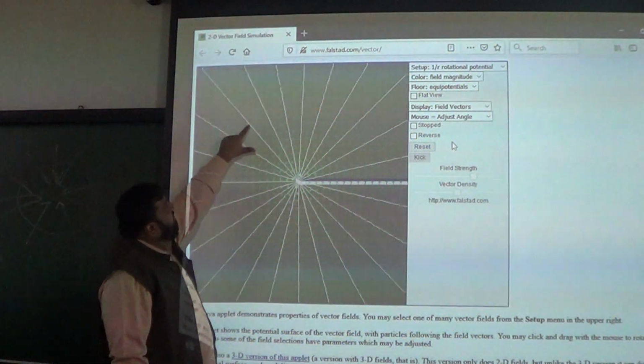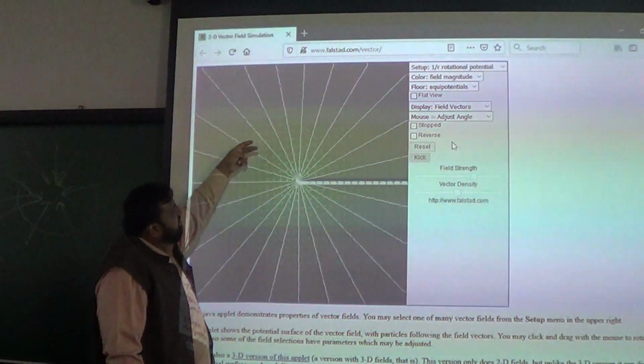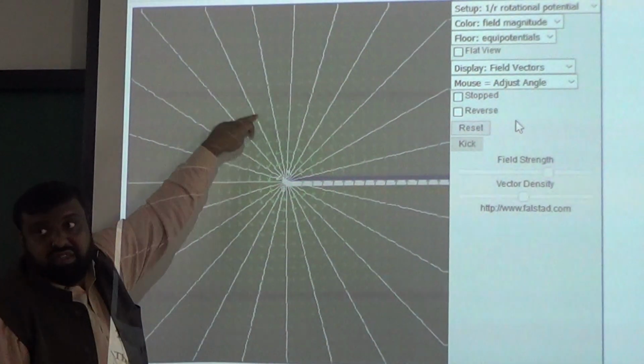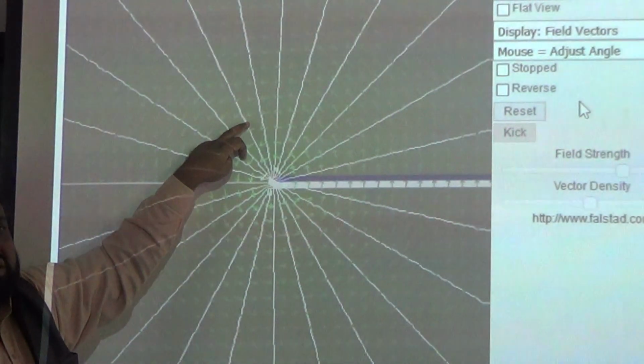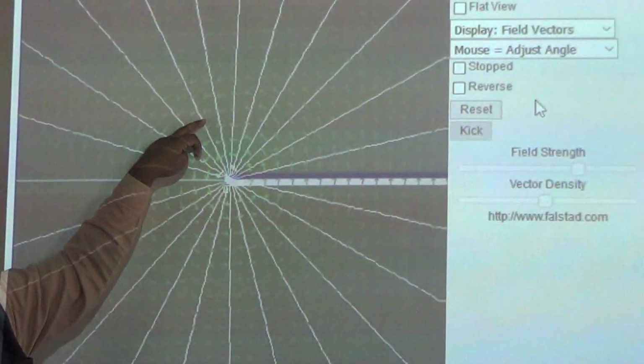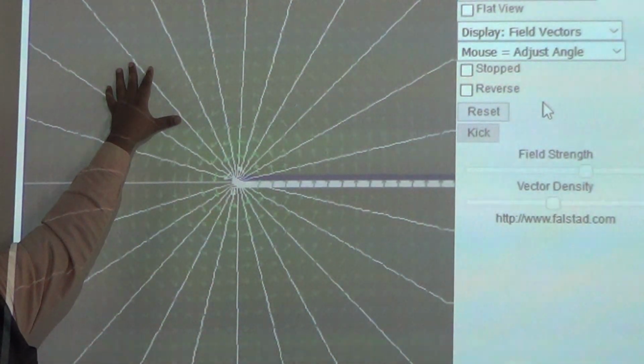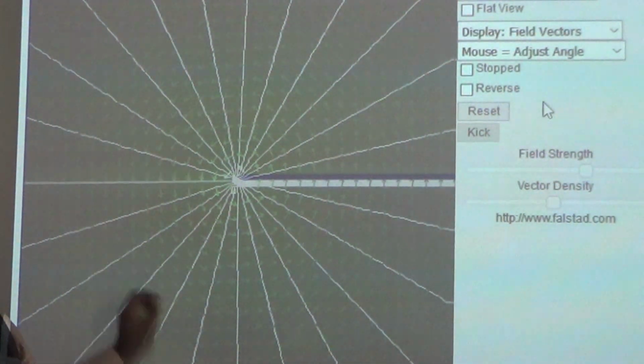If I take any point here, what is happening with the vector? Entering and leaving. So it has a zero divergence.